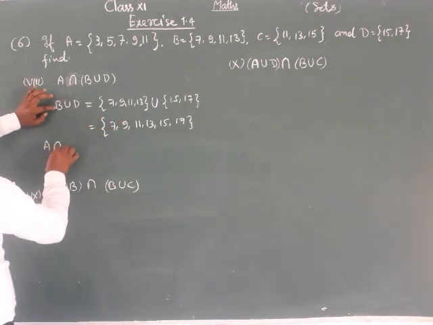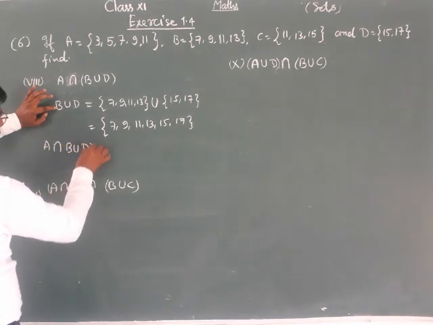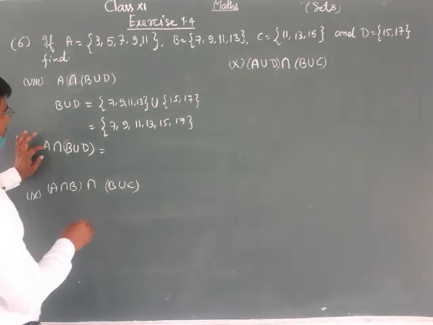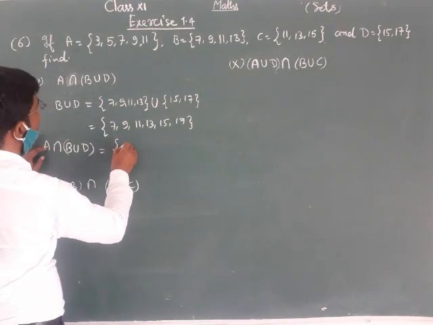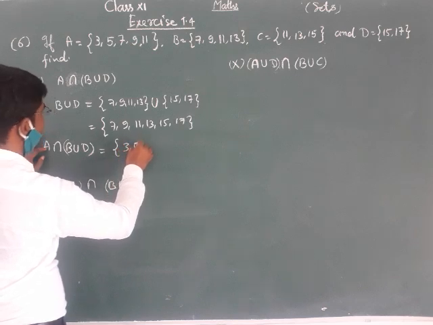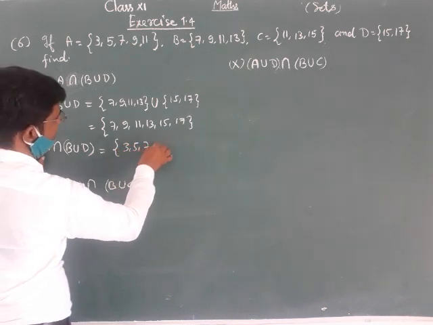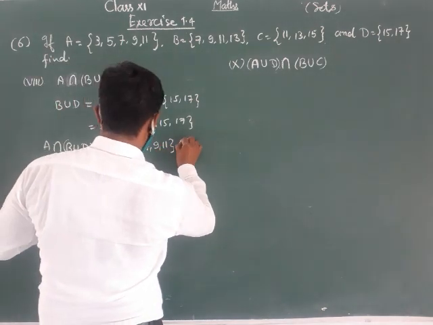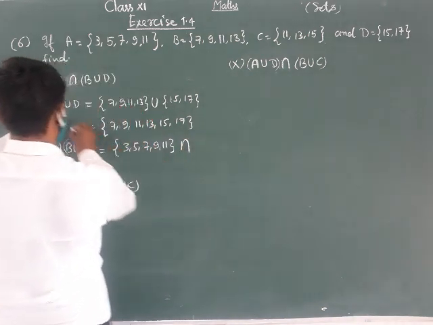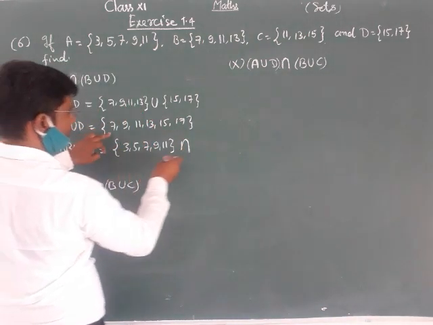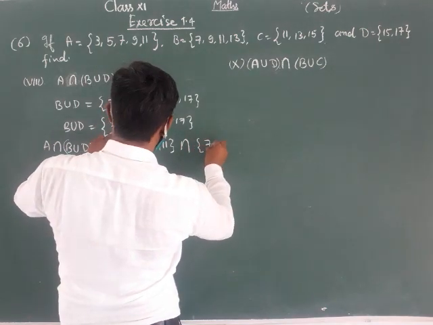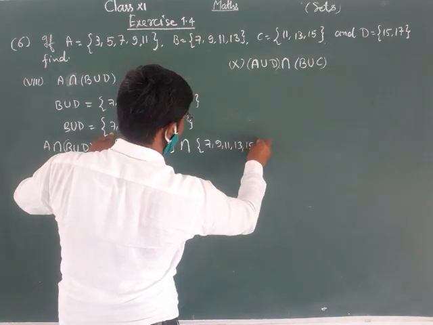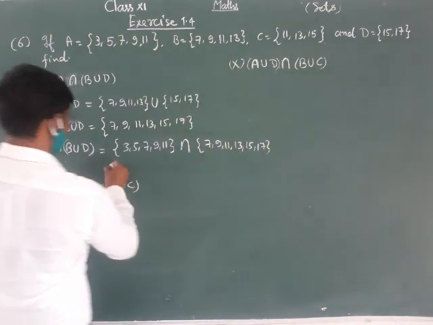So A intersection B union D: A has elements 3, 5, 7, 9, 11 and intersection B union D has elements 7, 9, 11, 13, 15 and 17.